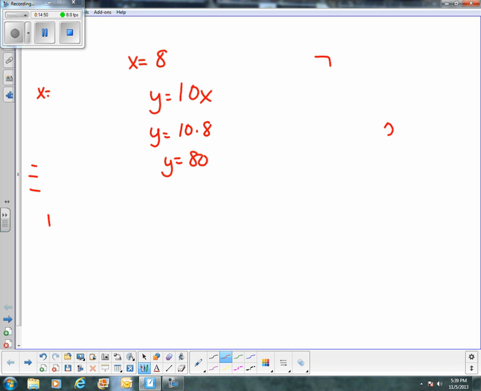So when we find the value for y, we simply found our equation, substituted for x, and that led us to find y. Lots of steps, but they're not hard.